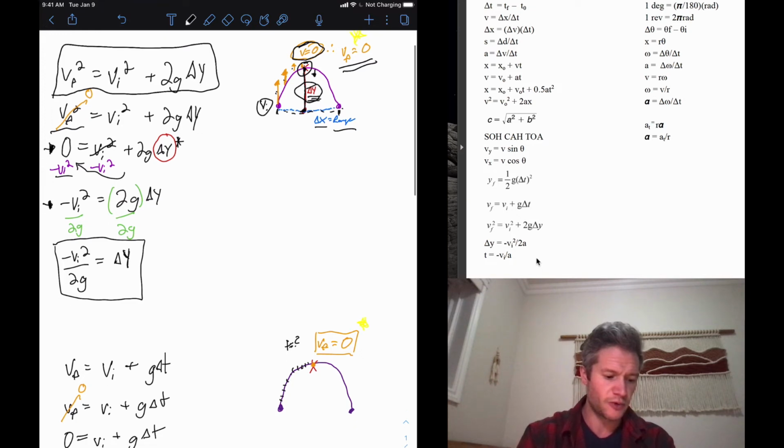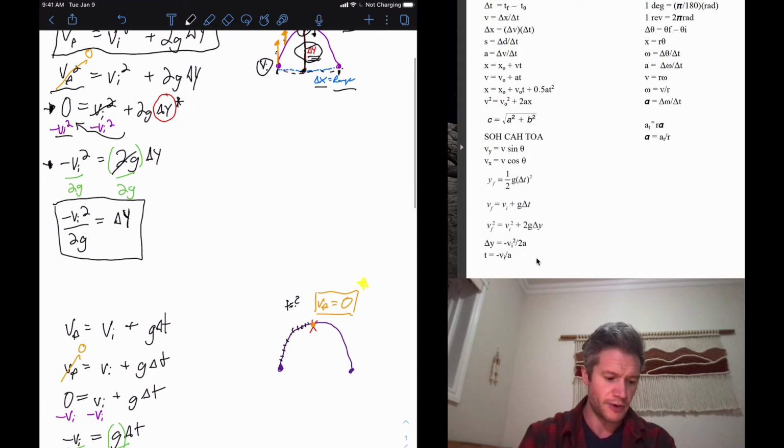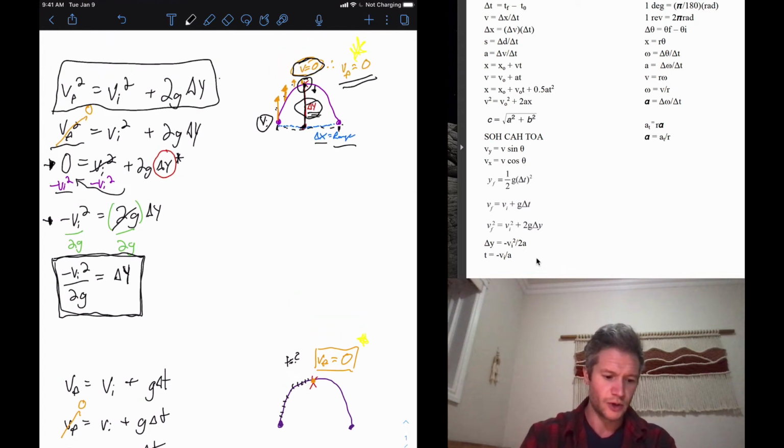And then our next move here is in the green. So we can treat 2 gravity, because it's multiplication, as one chunk, or one variable. So we'll divide both sides by 2 gravity, or 2g. So that's the move in the green, so we can get rid of that now. And when we rewrite that, this is what we get. And this is your equation that you have on your sheet. So again, it's just a way to do all of this work for you so that you don't need to.